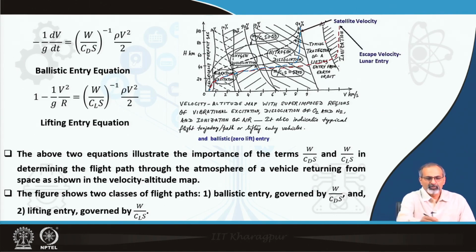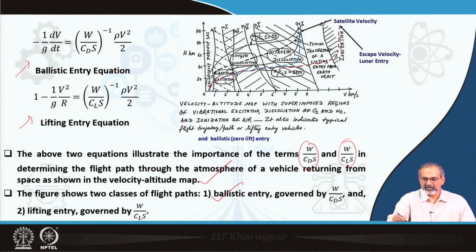The above two equations that we see over here illustrate the importance of the terms in determining the flight path through the atmosphere of a vehicle returning from space, as shown in the velocity altitude map. We have appreciated this already. The figure shows two classes of flight paths.